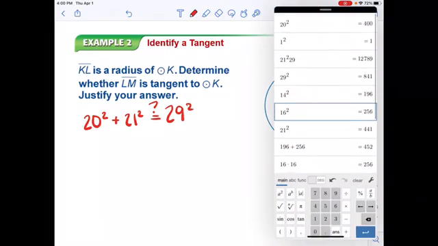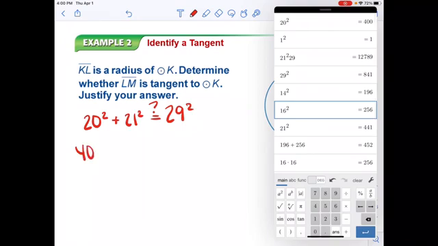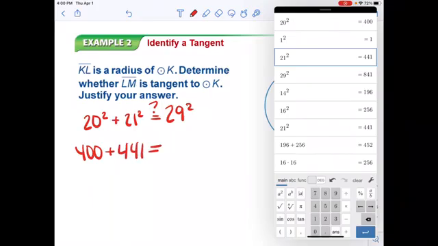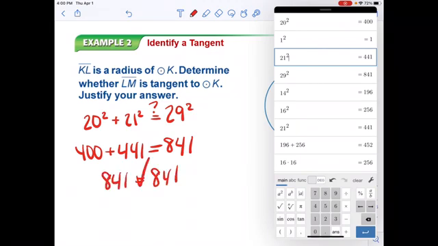So I already did all the math over here. So 20 squared is 400. 21 squared, we need to back that up so I can see it, is 441. And 29 squared is 841. So you check to make sure this works out. And it checks out.